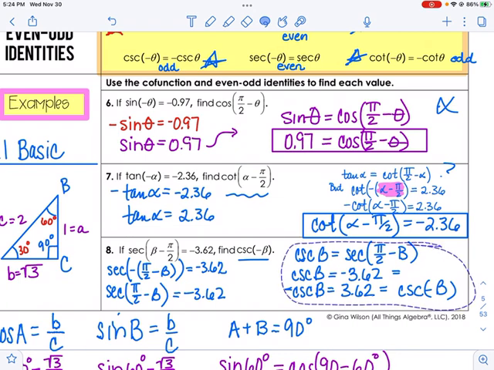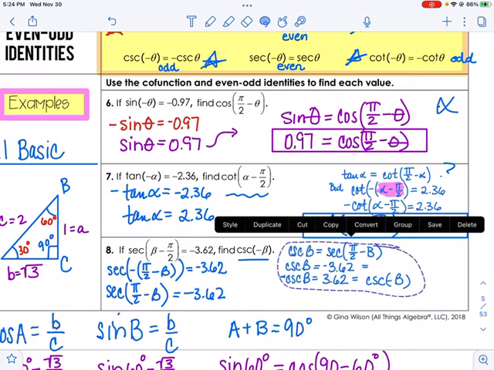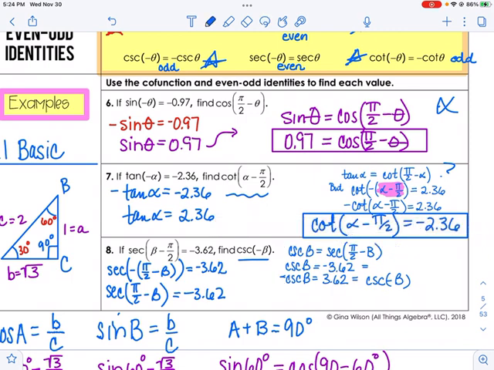So you've got to build a logic chain when you're thinking what is equal to what. You can see how I went from the secant to the cosecant using the cofunction, and then I'm using the even-odd relationship between negative cosecant beta and cosecant of negative beta. So we would finish this up with cosecant of negative beta, in parentheses, is then equal to 3.62.